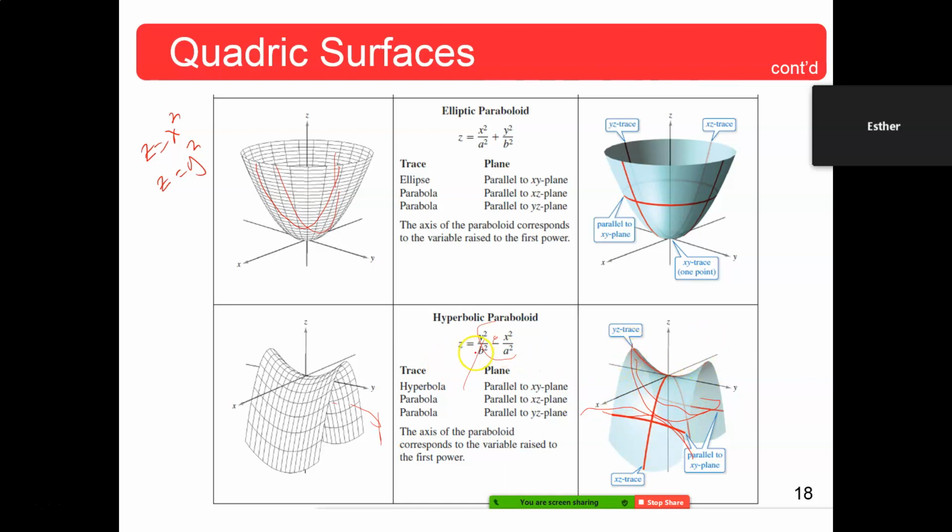Now the one with the minus sign is opening downward when you have z is equal to y squared.